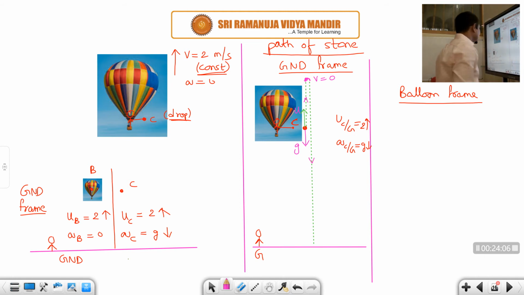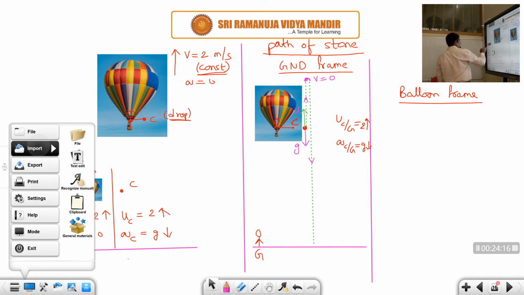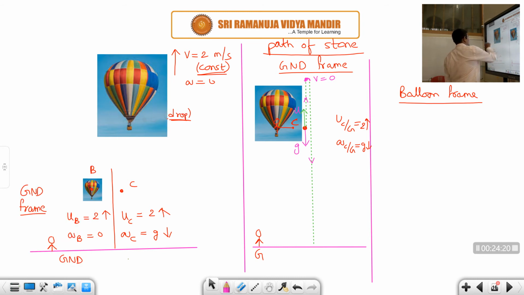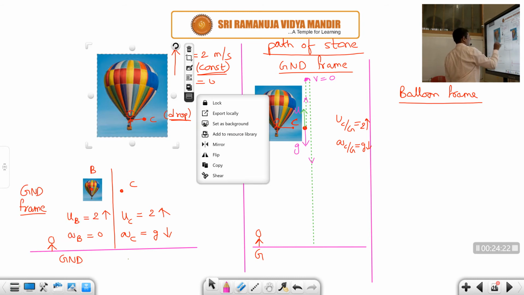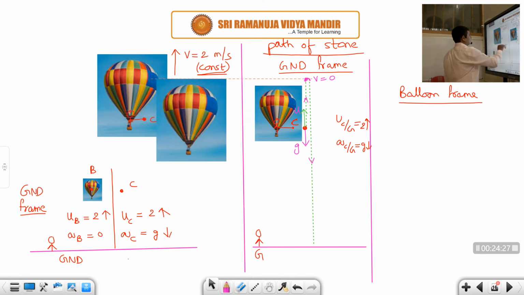This is the path. Now, when you stand on the balloon frame, the balloon will be at rest. Correct or not, students?